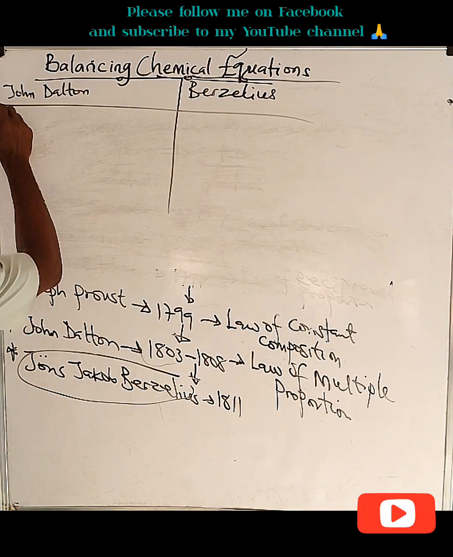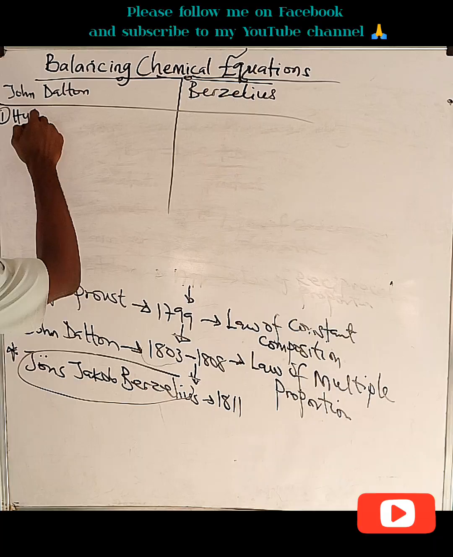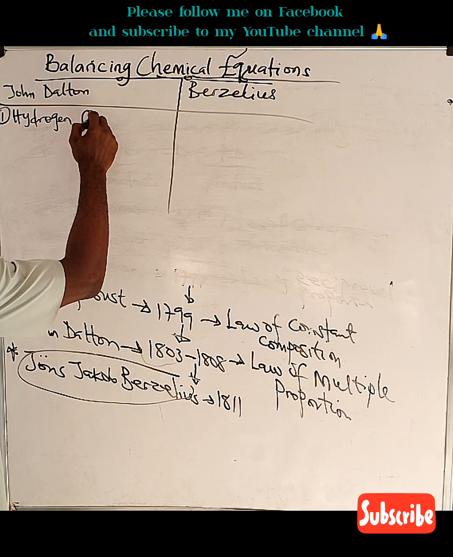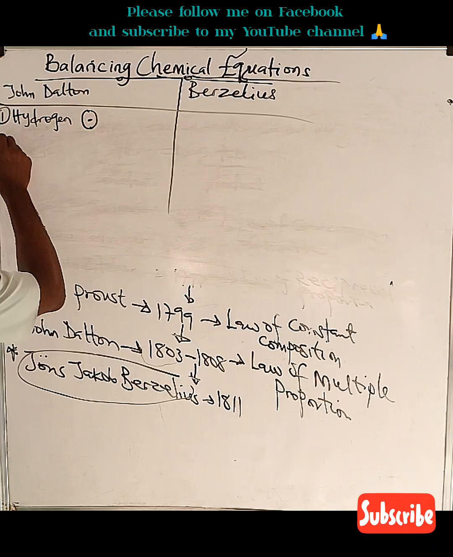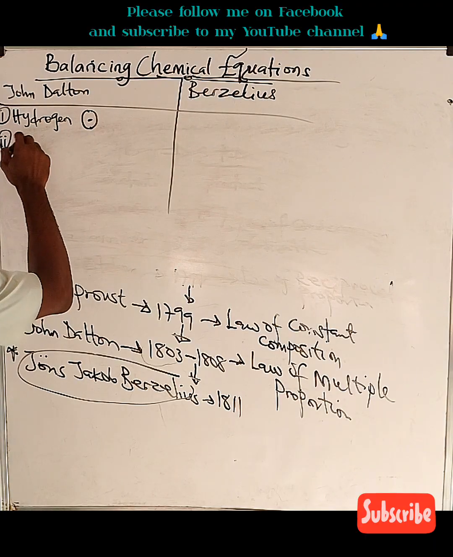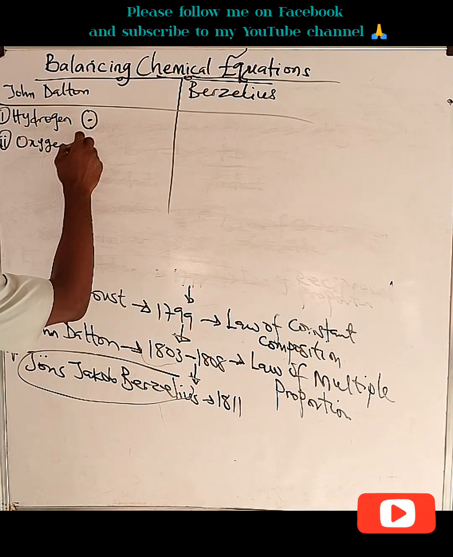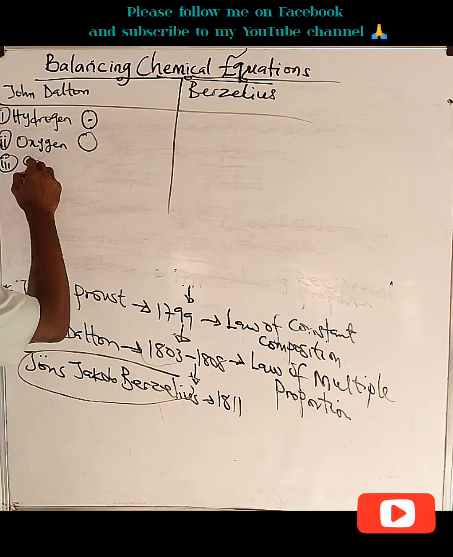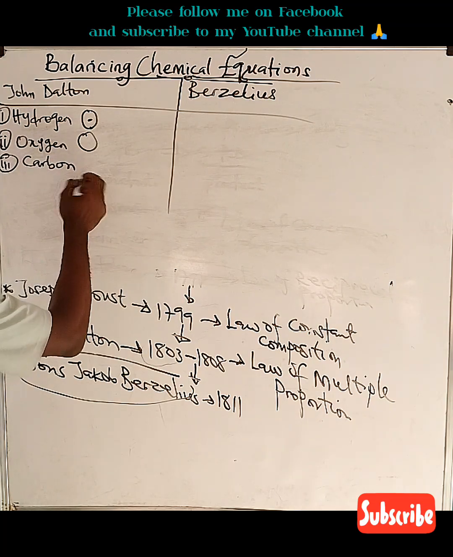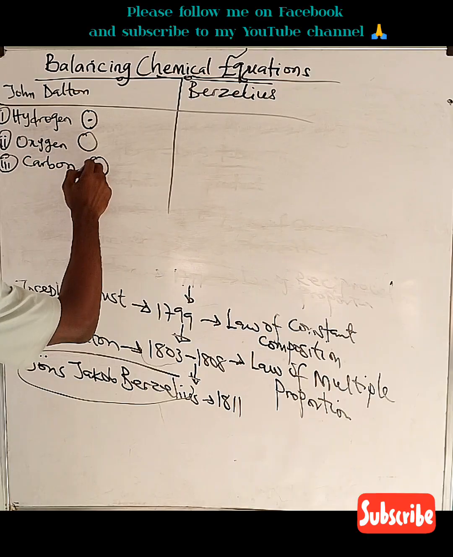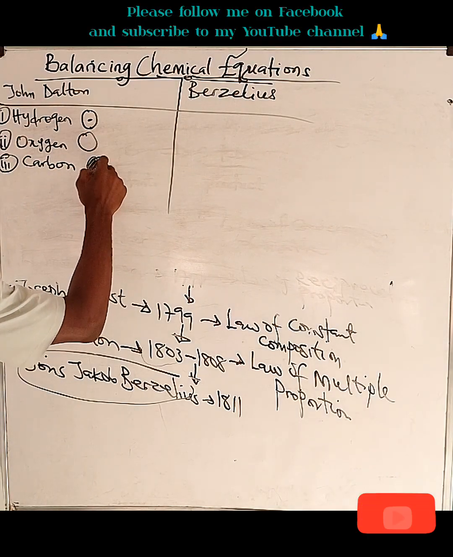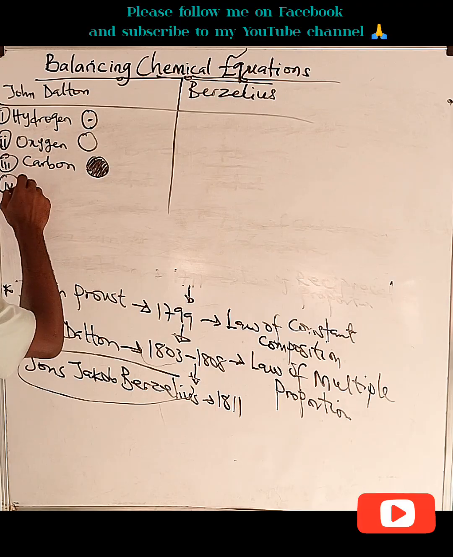For example, Dalton's hydrogen was written like this, a circle with a dot in the middle. Just to write a couple of them: oxygen was just a plain circle. Then we have carbon, a circle that has been shaded up like this. Then we have nitrogen.